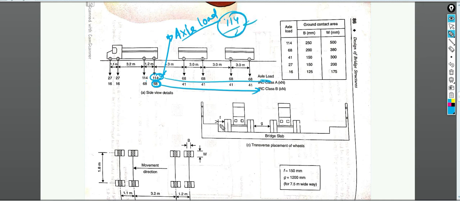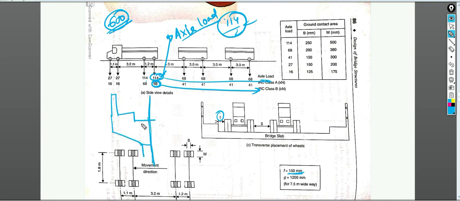Now where we can put it? If you see the clear distance from the edge of the footpath, it can be placed at a distance of 150 mm, and our available is 600 mm for the cantilever portion. Suppose this is the footing, and this is the cantilever we have.